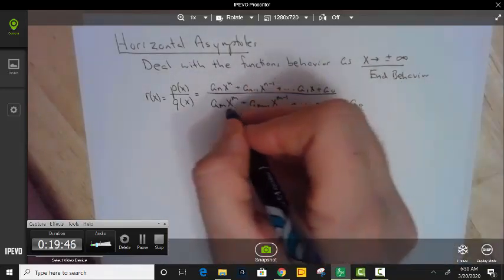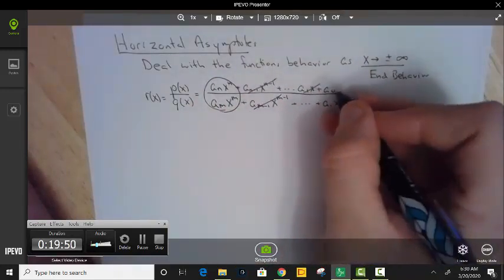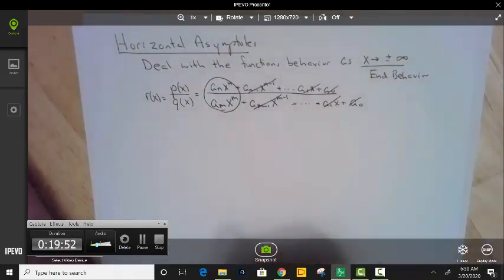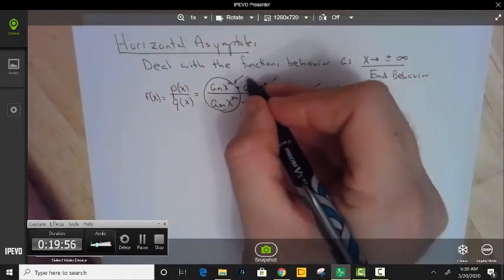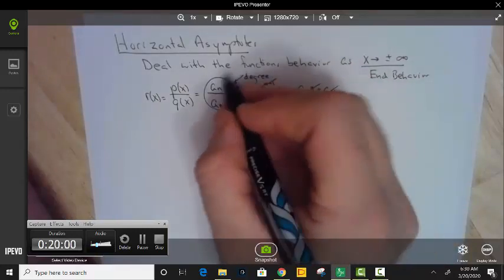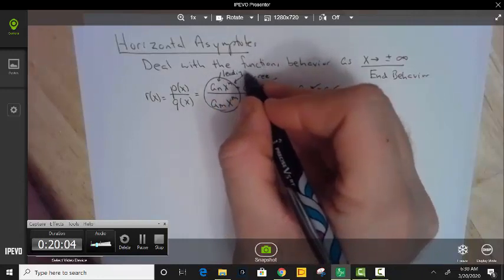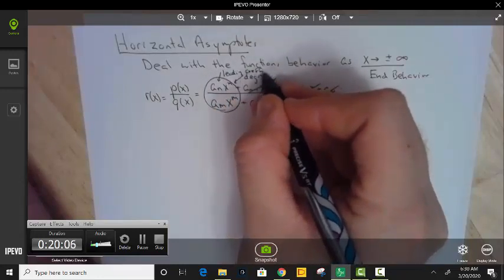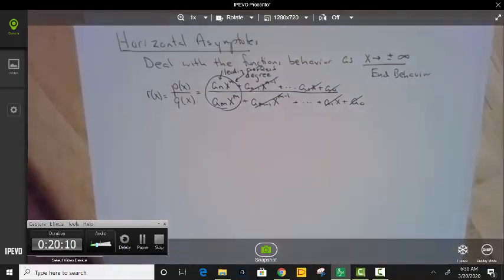You only need to know the first terms, which means we really only need to know the degree and the leading coefficient. But for rational functions, you have to know the degree and the leading coefficient of both the top and the bottom.